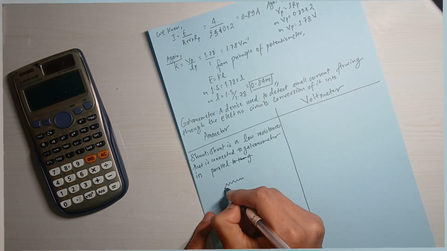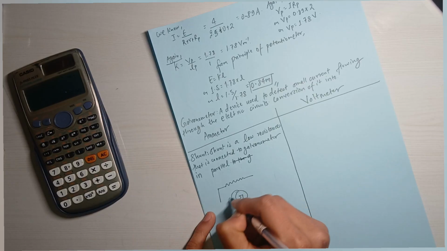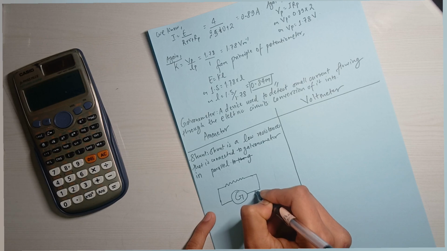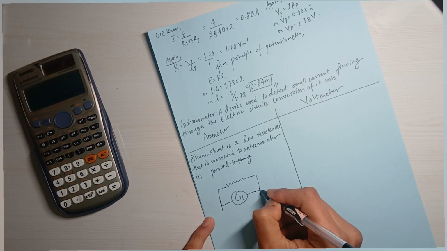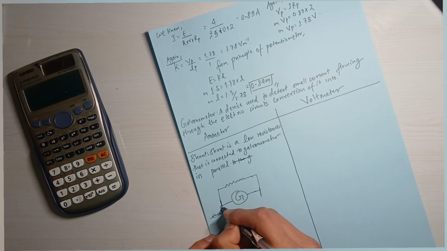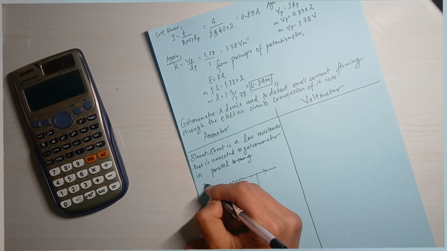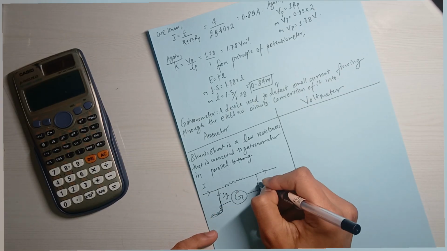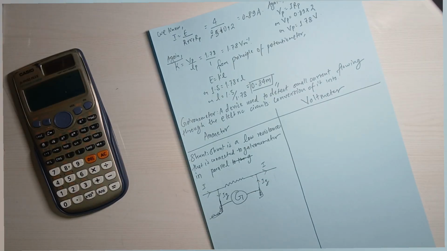This is the low resistance. This is the galvanometer. And it is connected in the circuit in parallel, so it should be like this. I comes here, Ig goes down here, Ig goes up here, and I comes up here. That's how it should be.